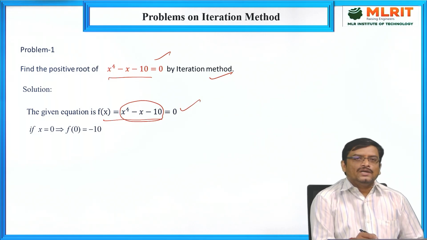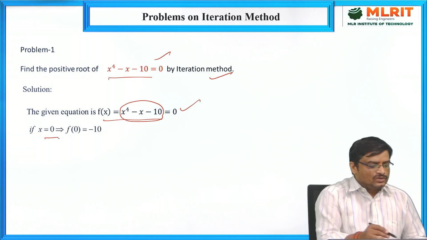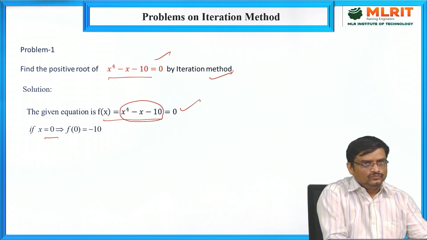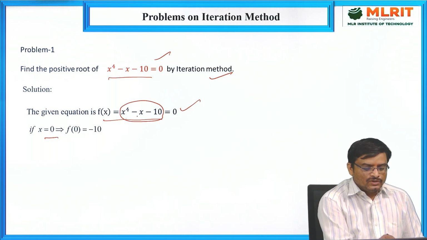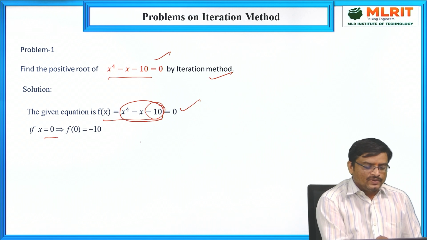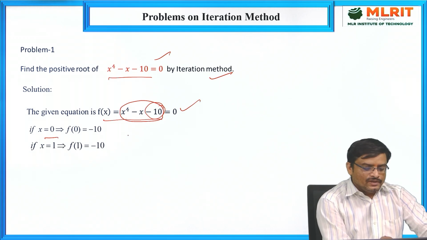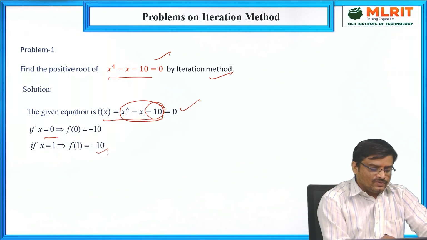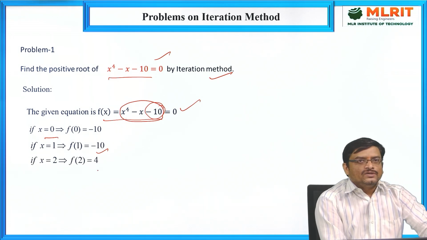I don't know which two real numbers satisfy this condition, so you start with x = 0. You get f(0) = -10, only the constant term, so we have a negative sign. Now you take x = 1. Substituting x = 1 in this function, you get -10. Then go for the next number, x = 2.